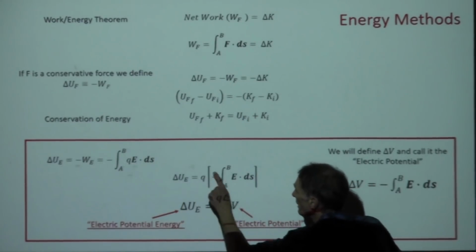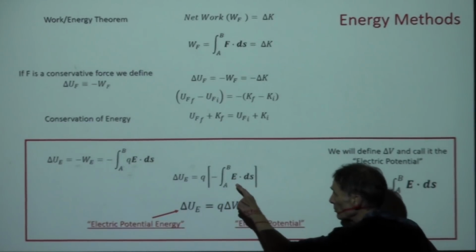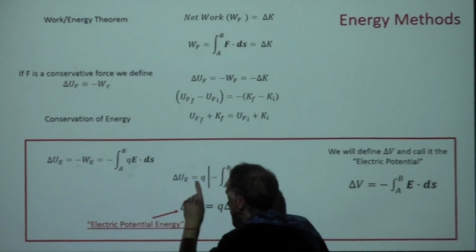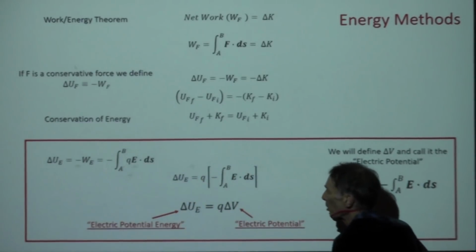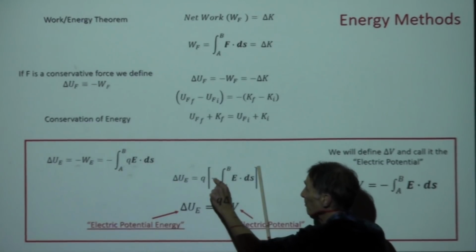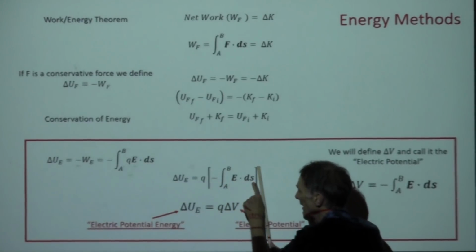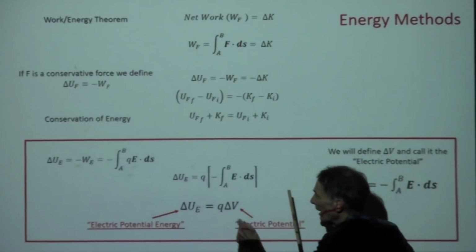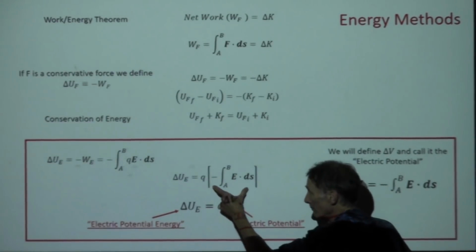And so we can go ahead and do this. Now what we'll usually do is take this q out, put it out front, and then we break things up, and then we do this integral, and it's this minus the integral of E dot ds, that's the way we're dealing with the signs. And then we give this a name.